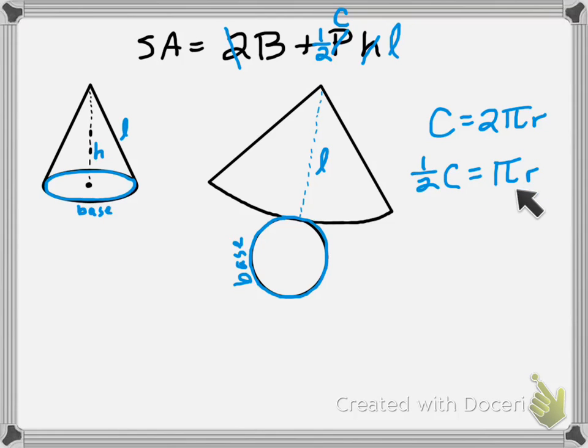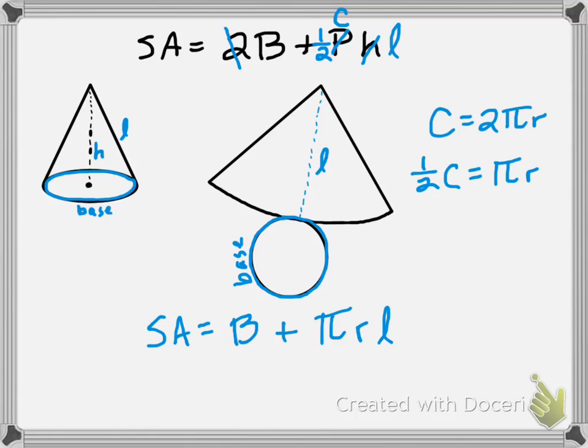So this half C is really just pi r. Okay, so when I write my formula, I have the area of the base plus pi times r times L.